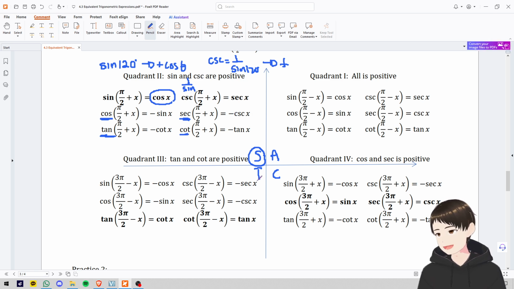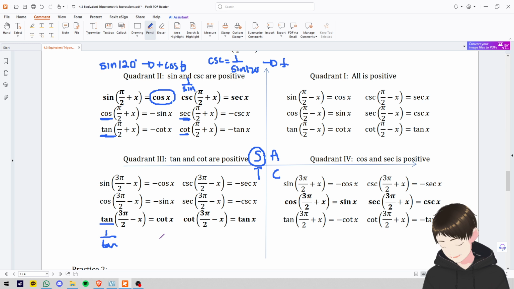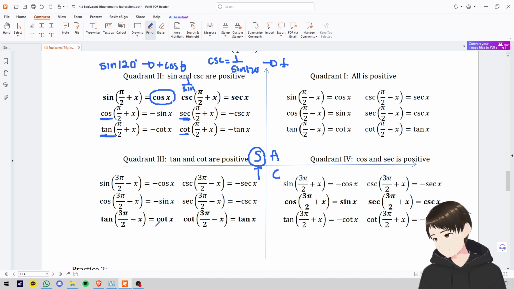The same applies for tangent. If I give you tangent or 1 over tangent, which is cotangent, the correlated ratio remains positive. Any other ratios that I give you, the correlated ratio is going to be negative. Same with cosine.